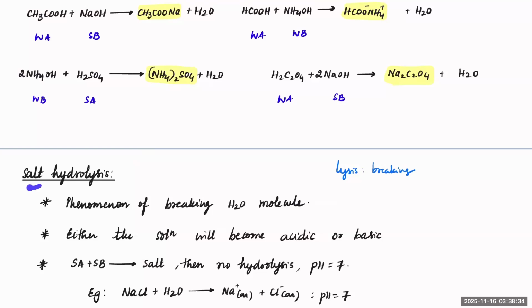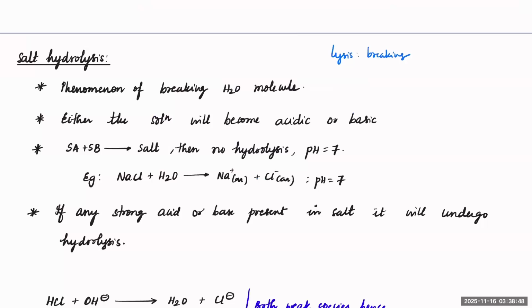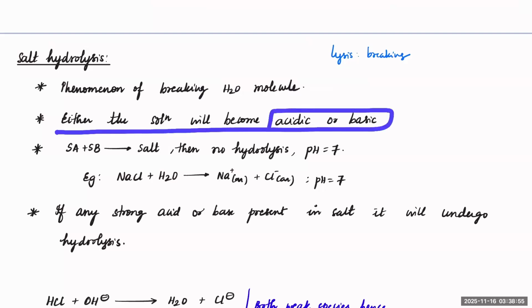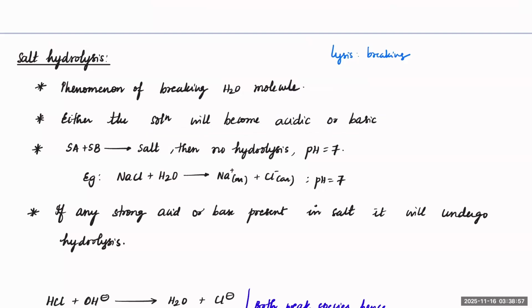And I added another word here, salt hydrolysis, which means salt is the reason why there is a breaking of water. That's why it is called salt hydrolysis. Clear? Now notice, the phenomenon of breaking the water molecule is salt hydrolysis. Either the solution will become acidic or basic after the breaking of the water molecule. Once the water molecule has been broken, it might become an acidic solution or it might become a basic solution.